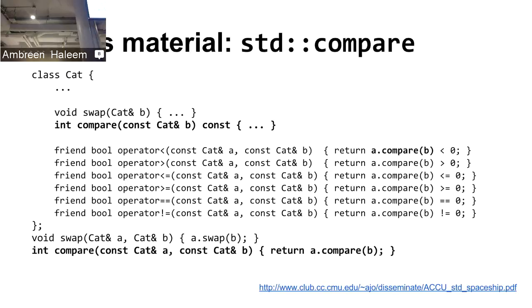I am of many minds about the rule of zero. Honestly, my take on it is basically hope that you work in an environment where you don't care about the strong exception guarantee and you don't care about self-move, and then the rule of zero works great.